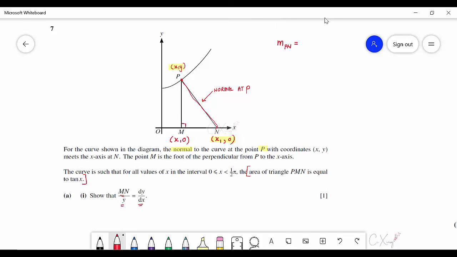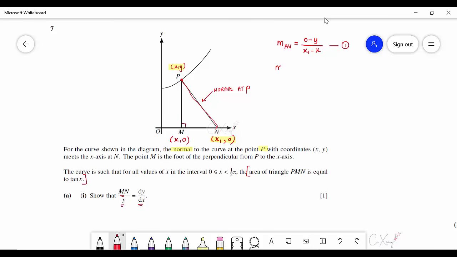The gradient of PN is actually y minus 0 divided by x minus x1. Or you can do it the other way around, which is 0 minus y divided by x1 minus x. So this is the first gradient equation that I get for PN.